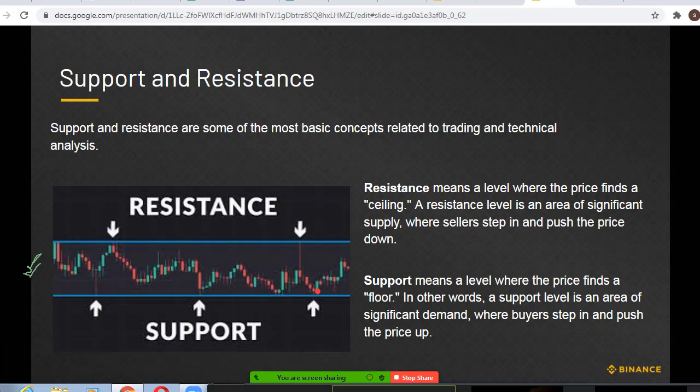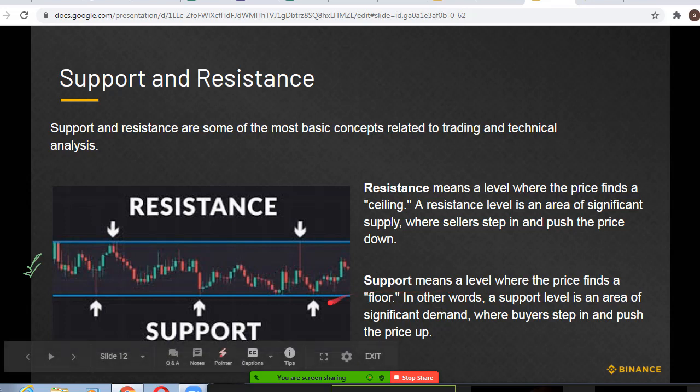Okay, so look at resistance as a ceiling hindering the price of a particular financial asset or cryptocurrency asset from going up, while support is like a floor where price finds a little bit of rest before going up.